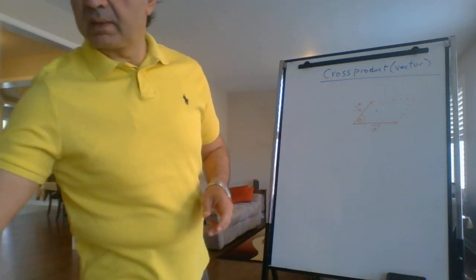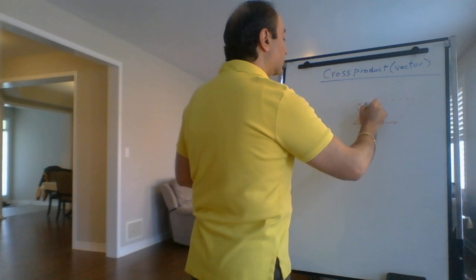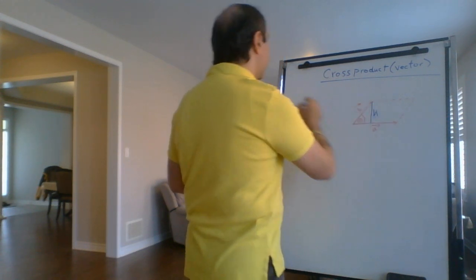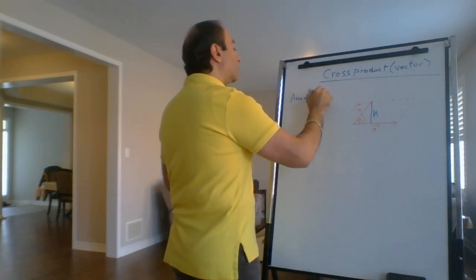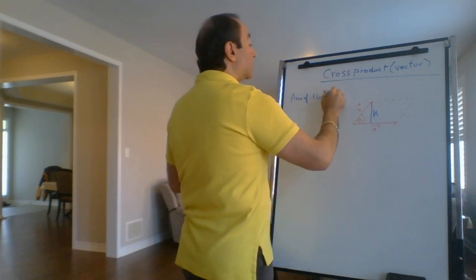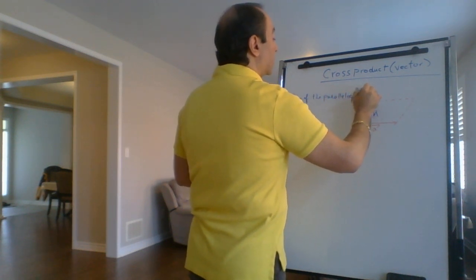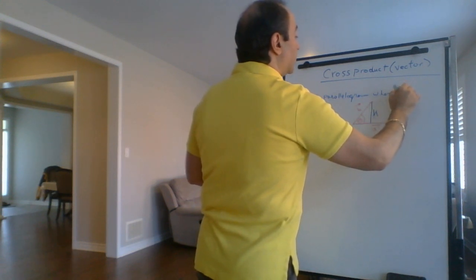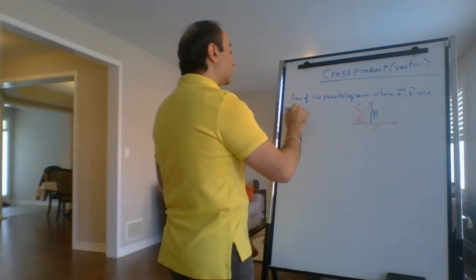If I want to find the area of this parallelogram, this is the area of the parallelogram where A and B are adjacent sides.